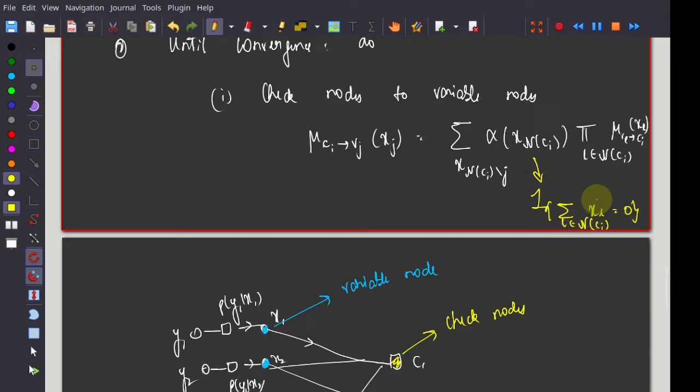This summation is really an XOR. So this is what I do at each check node to compute the message from a check node to a variable node.